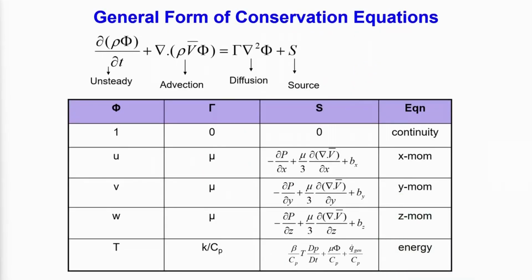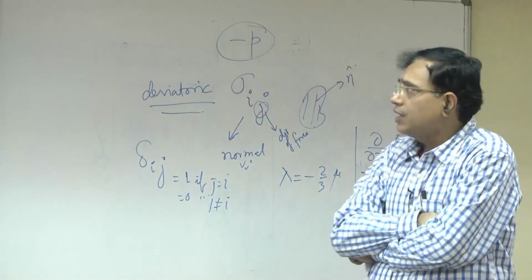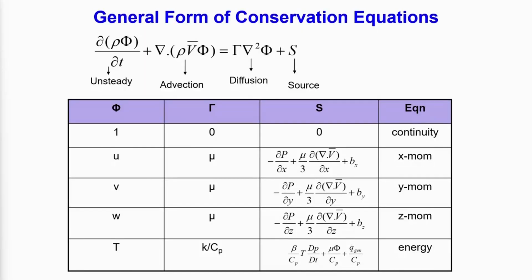So, now we will not get into the derivations of all sorts of equations. What we can understand here is that whatever may be the equation, whatever may be the conservation law, you can write it in the general conservative form. So, you have an unsteady term, you have an advection, advection is like the convective component moving with the flow.